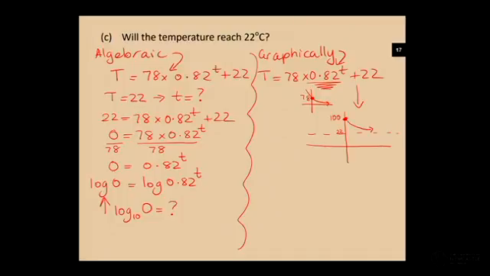What is the initial temperature of the tea? The tea, as in the drink. So it should have started at 100. It was coming down. And what is it approaching graphically? What will it never reach? It will approach 22 degrees, but never reach 22 degrees is what that is saying. So I will put here, it will approach 22 degrees, but never reach it.